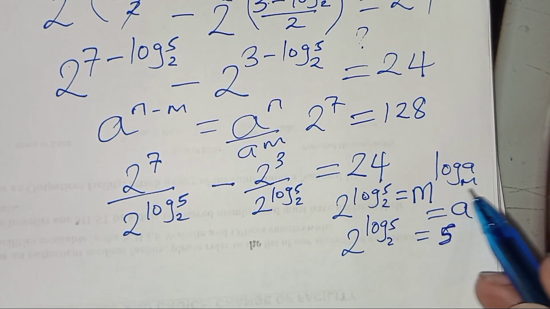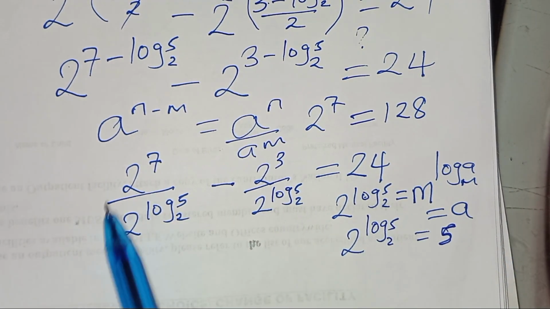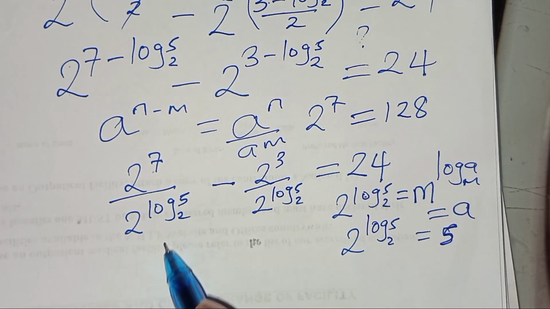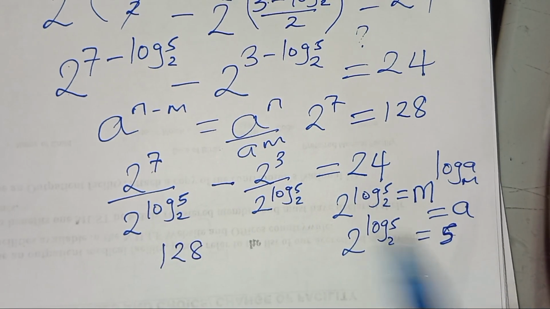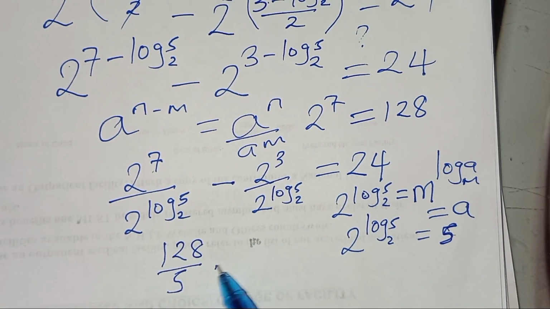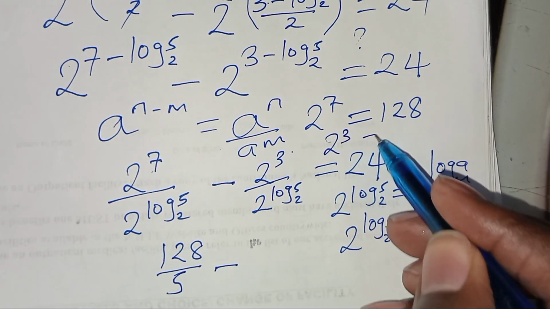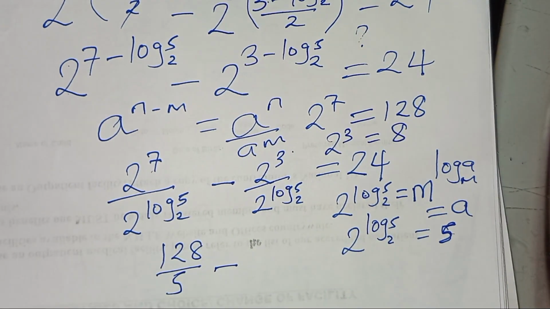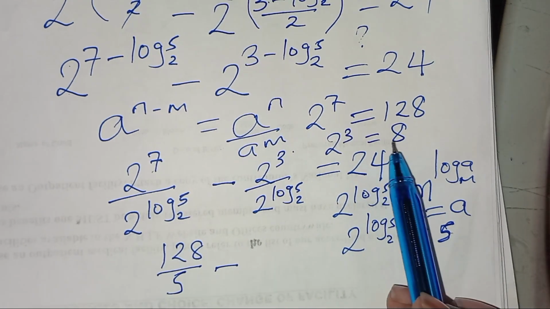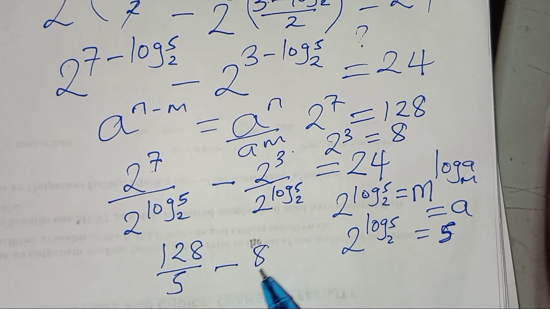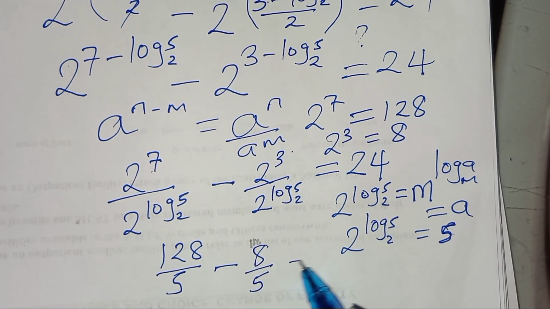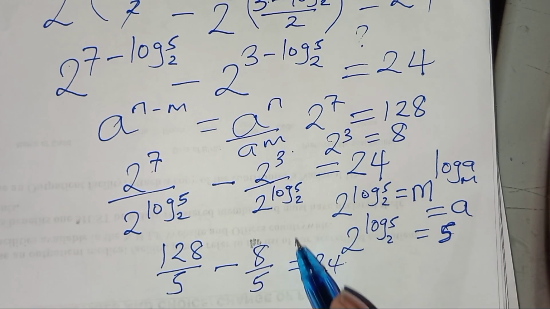Okay? So let's substitute this. 2 to the power of 7 is 128, so we'll have 128 divided by 5. Subtract 2 to the power of 3, which is equal to 8. Let's substitute 8, so this will be 8 divided by 5. This should give us a value of 24.